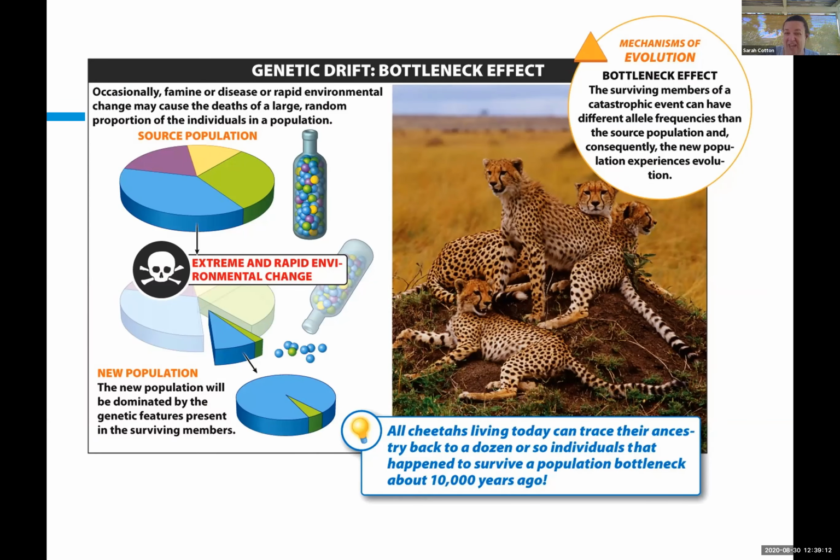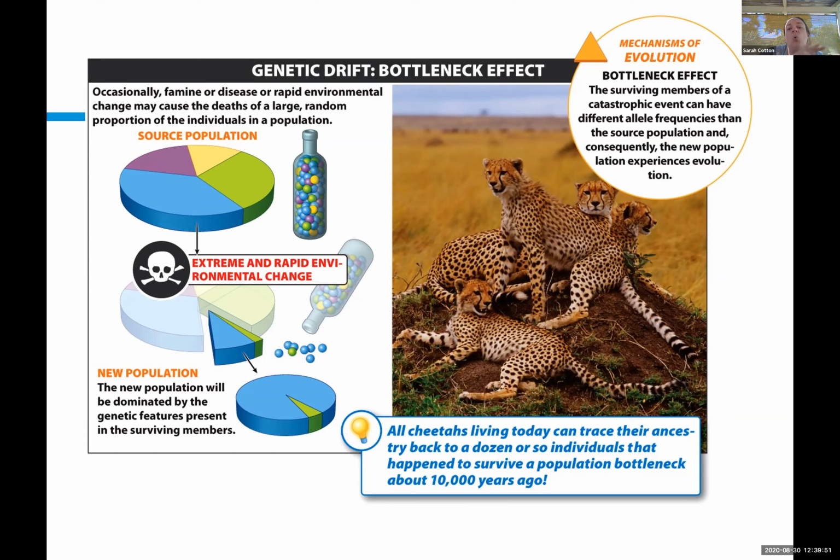So there are different examples of genetic drift. One of them is called the bottleneck effect, or bottlenecking. For my cheetah lovers, bottlenecking is an interesting phenomenon that is likely to have had a really big impact on the gene pool of cheetahs. All of the cheetahs that are alive today have incredibly small genetic diversity within their population because at some point in their past, the population of cheetahs took a huge hit.